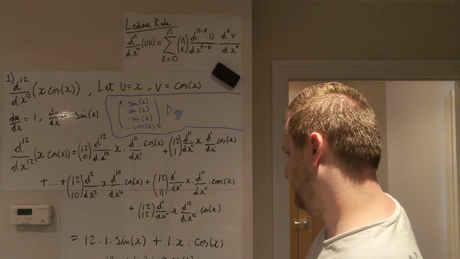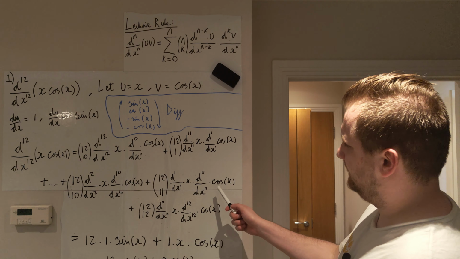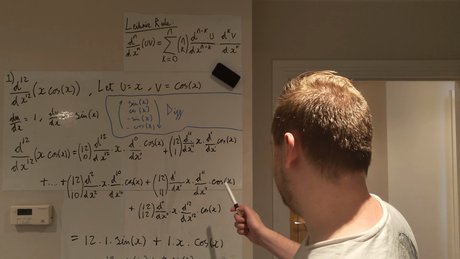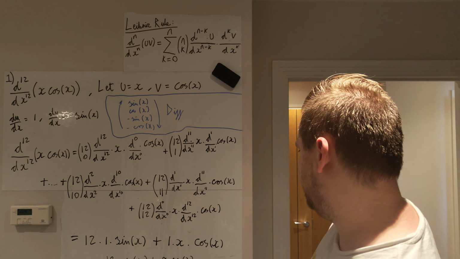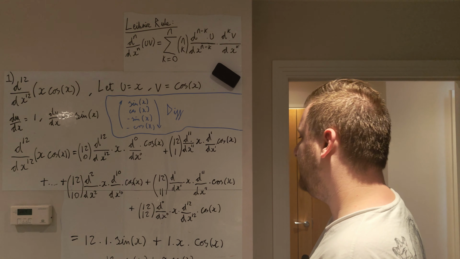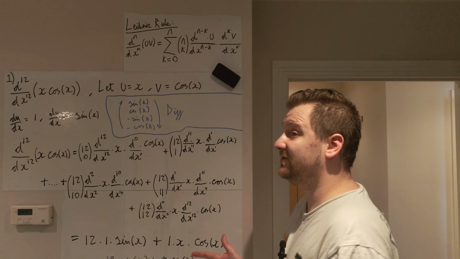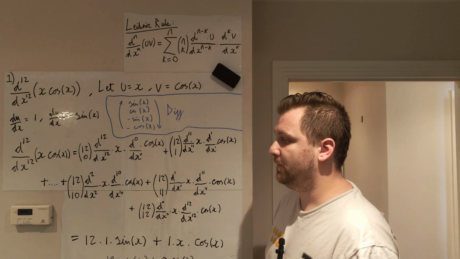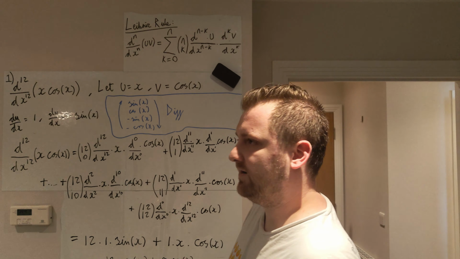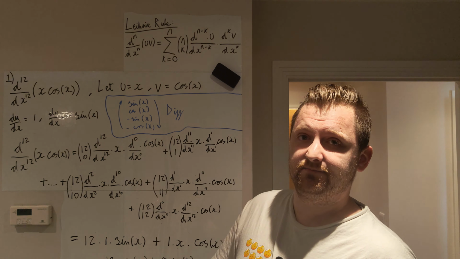Now, where have we gotten these from? For the other part of these last 2 terms, we have cos of x being differentiated 11 times and cos of x being differentiated 12 times, which sounds really annoying and really long, but it's actually quite easy to work out, and that's where this comes in.